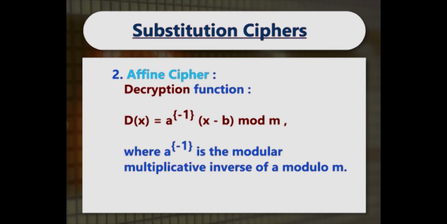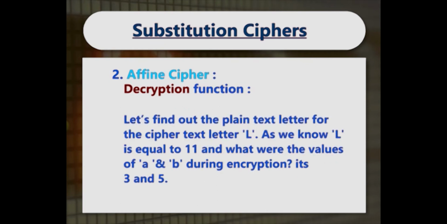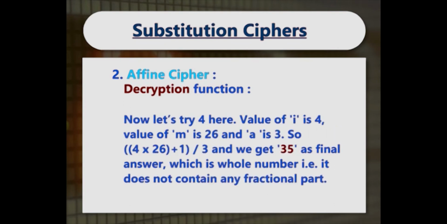Now, we go on and do the decryption. The decryption function is d of x is equal to multiplicative inverse of a into x minus b mod m. Let us find out the plain text letter for the ciphertext letter L. As we know, L is equal to 11, and what were the values of a and b during encryption? It is 3 and 5. We have just found the multiplicative inverse of a, which is 35.